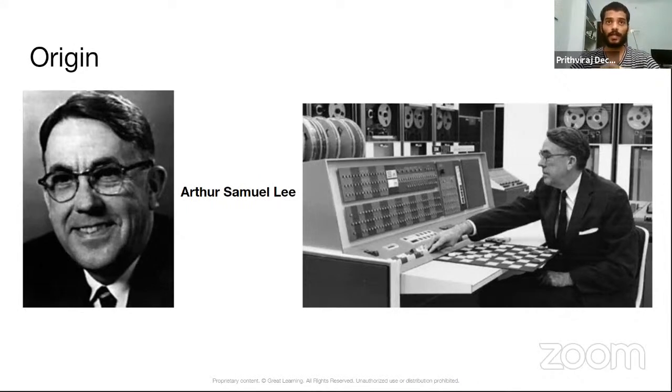The system he created could play checkers, a game, with a human, and it got good enough to beat an amateur player. It still wasn't good enough to beat the best human players, but it was maturing at the time, and eventually, at some point, it could beat a regular checkers player. This was the first instance of machine learning being used to develop systems.